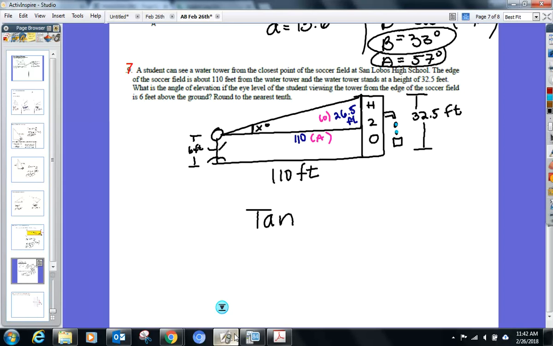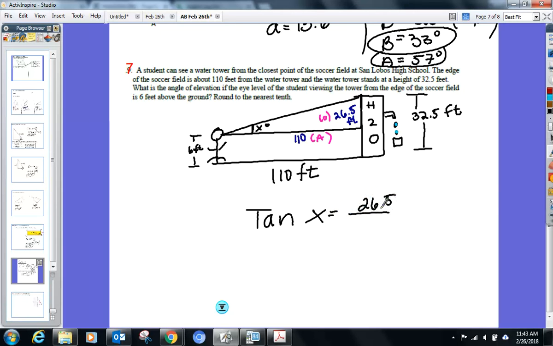All right, so tangent 26.5. Tangent of, what's my angle? What's my acute angle I should be putting next? Tangent of x equals, what's your ratio? Correct one.